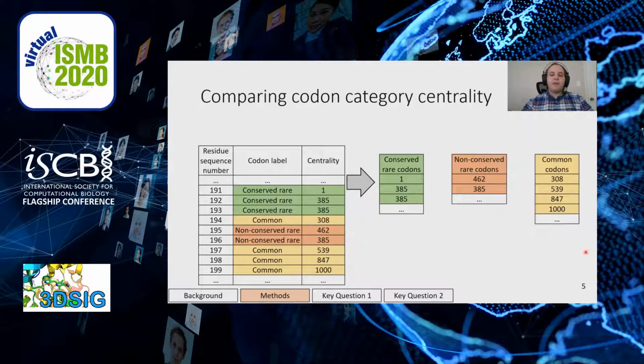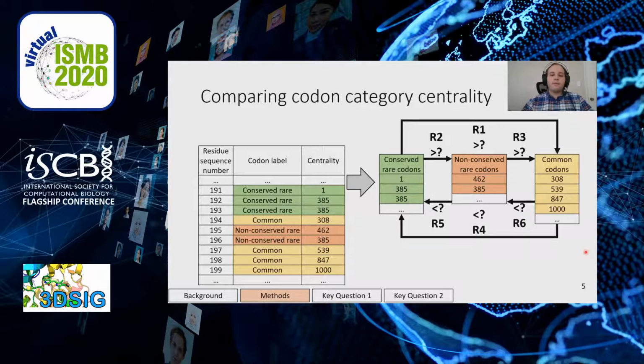Now we have labels on which codons are conserved rare, non-conserved rare, and common, and we can compare centralities of the codon types to see if one is more central than another. We designate the relationship of one codon type being more or less central than another with the letter R followed by a number. For example, if conserved rare is more central than common, then that is R1.